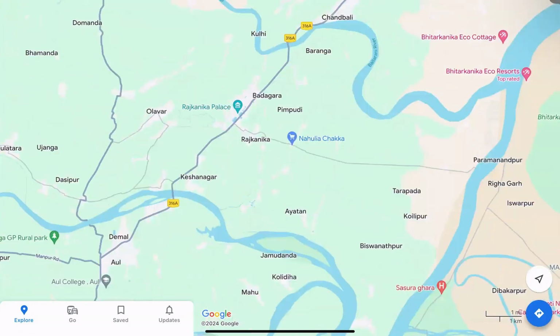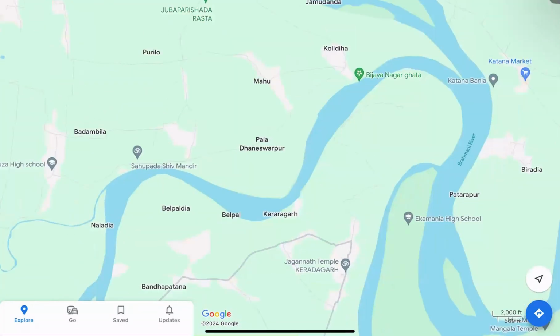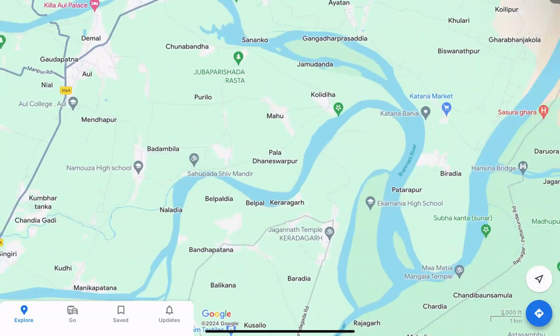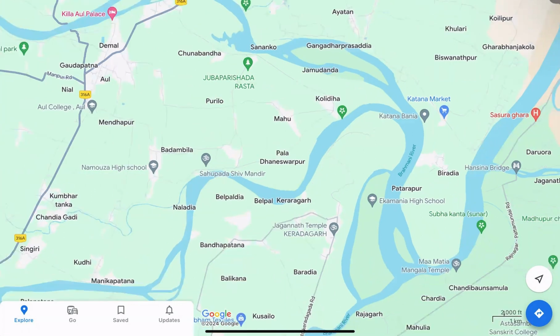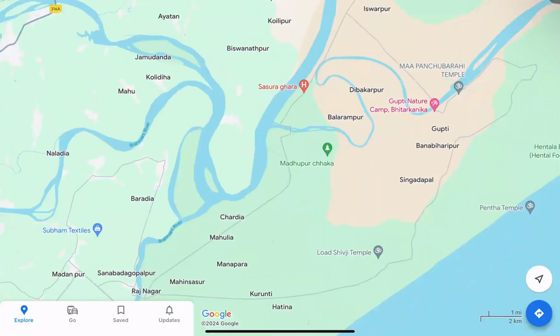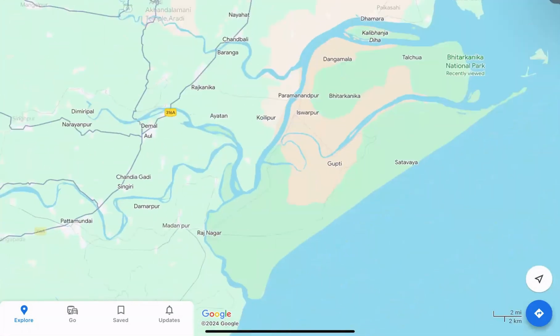This Brahmani river is sourced from two important rivers called South Koyal and Shank river, which are sourced in Jharkhand. They merge in this Bhitarkanika, and finally reach the Bay of Bengal in Odisha.